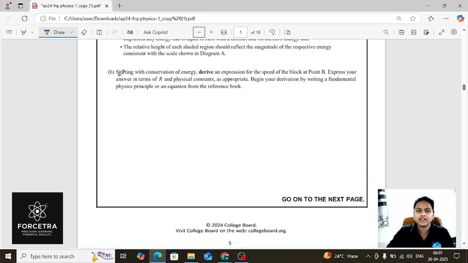The next part says, starting with the conservation of energy, derive an expression for the speed of the block at point B. Express your answer in terms of r and physical constants as appropriate. Begin your derivation.